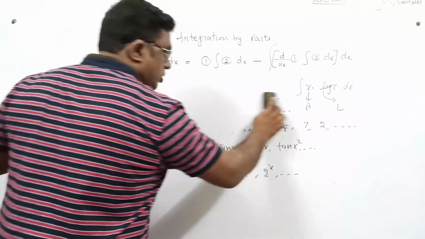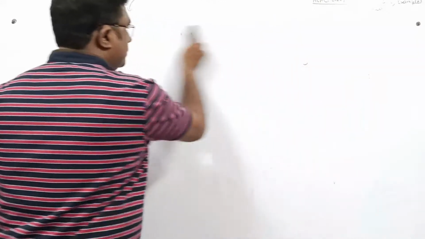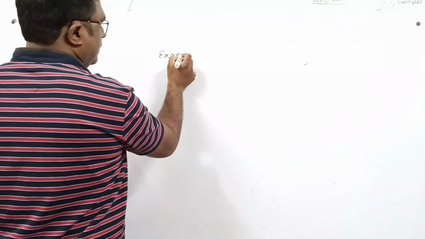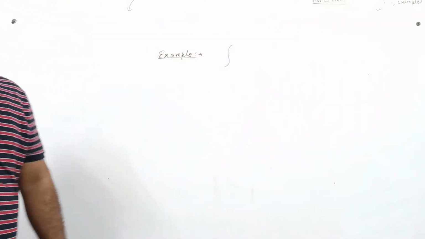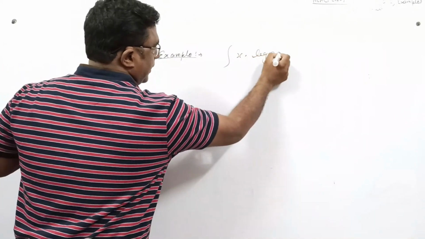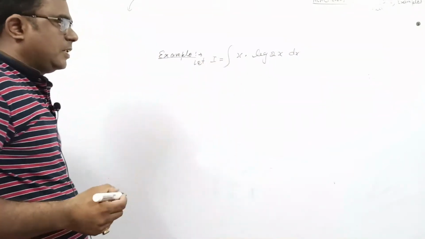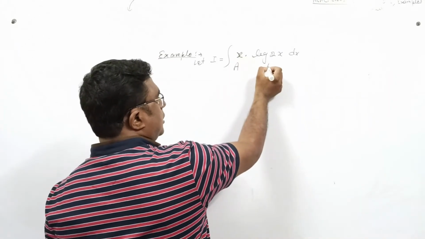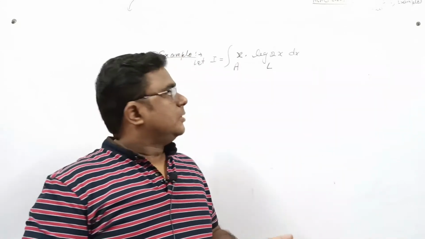It will be more clear to you. I am solving a question for you. Example. Suppose we have an integral x into log 2x dx and we want to find out its value. This is in the category of algebraic function and this is in the category of logarithmic function, as I told you earlier.